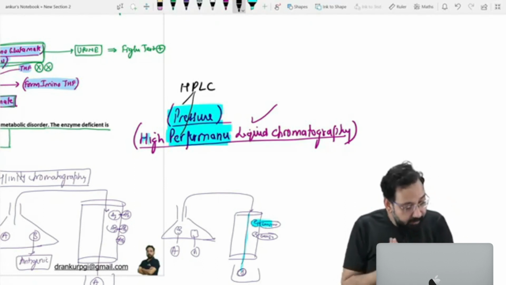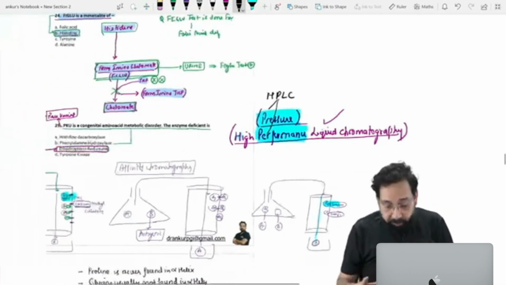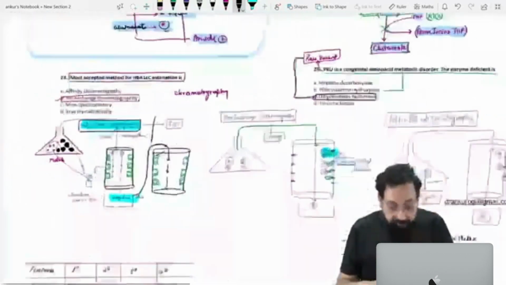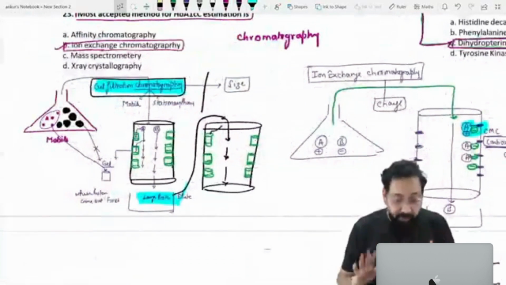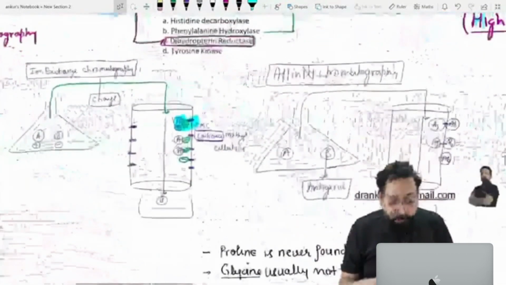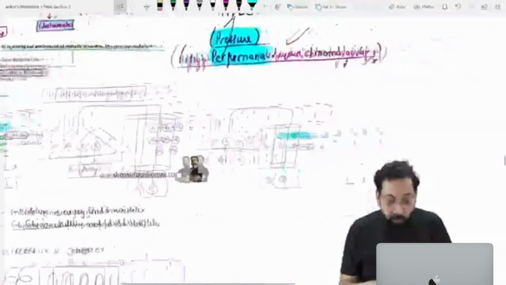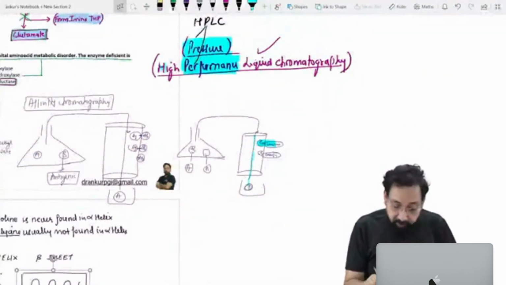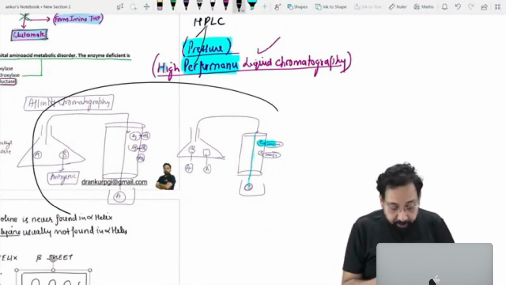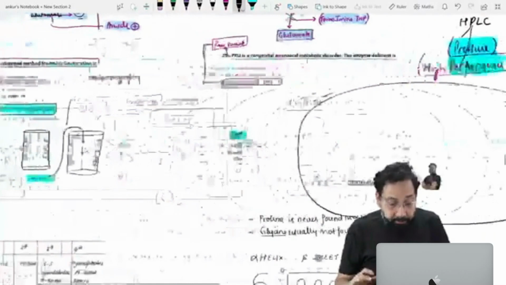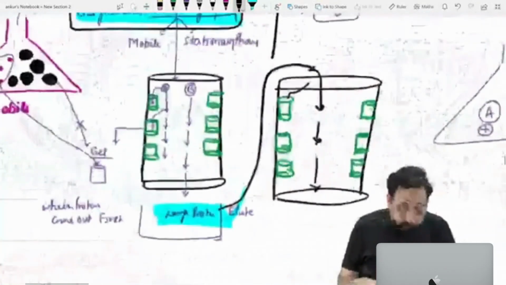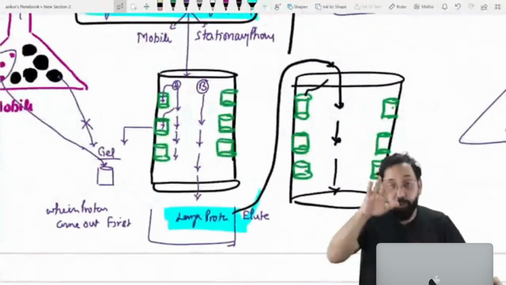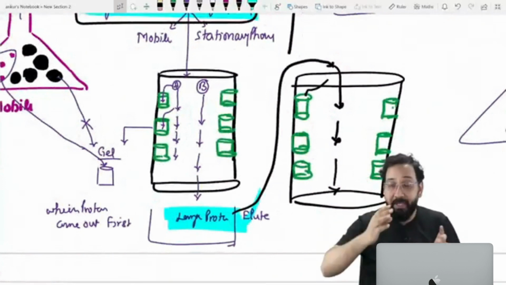Enzyme-coenzyme and antigen-antibody, both are types of affinity chromatography. You can apply pressure on gel filtration chromatography, ion exchange chromatography, and affinity chromatography. Suppose you pass the solution through the column and it takes 1 minute.